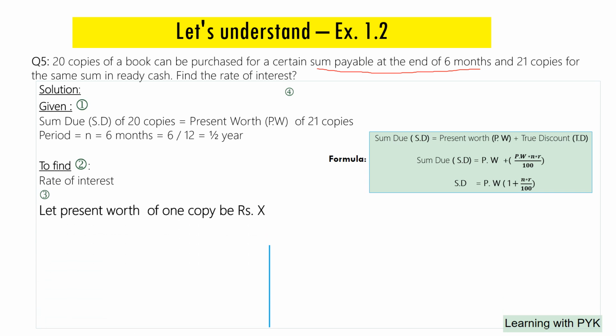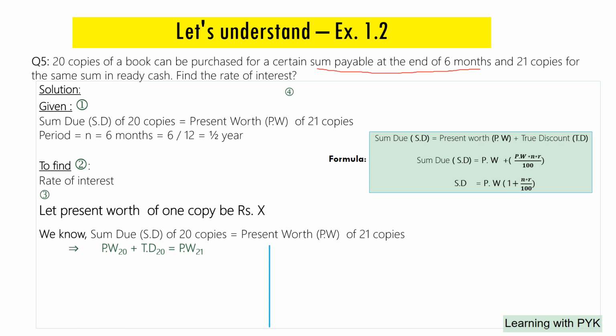So let's start. Let the present worth of one copy be rupees X. So we know that sum due for 20 copies would be the present worth of 21 copies. So present worth of 20 copies plus the true discount of 20 copies. Using this formula, sum due is present worth plus true discount, we get present worth of 21 copies.